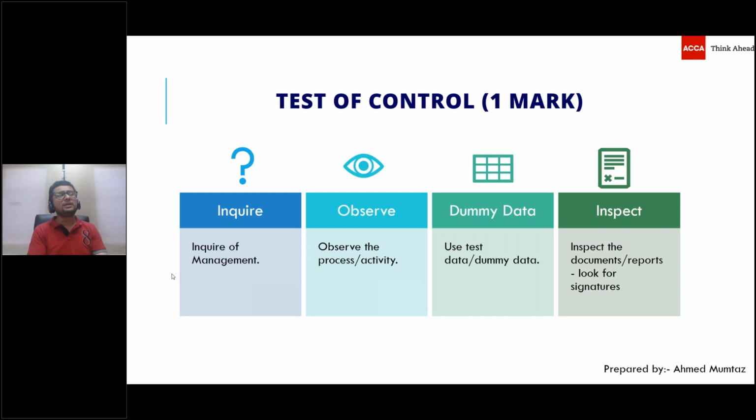If, for example, when the goods are received, we have to evaluate whether the goods are being evaluated for quality by the quality inspector or not, you can't use dummy data for that. You can observe, you can inspect the reports. That's it. But when it comes to a software or an automated calculation, yes, you can use the dummy data.